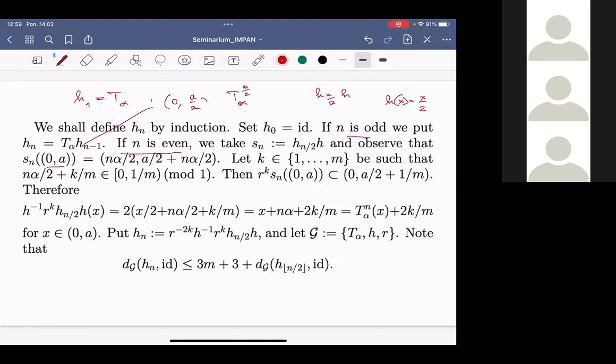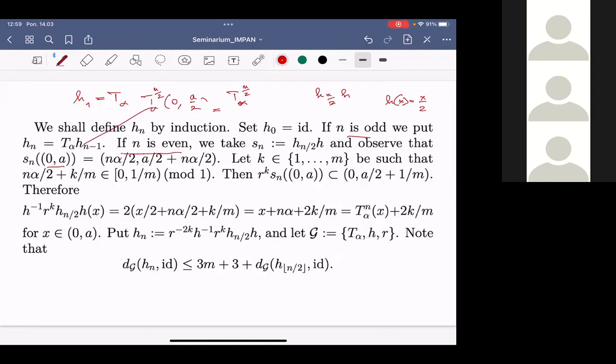So if we take T alpha to the power n over 2, we obtain that this is n alpha over 2 up to a over 2 plus n alpha over 2.